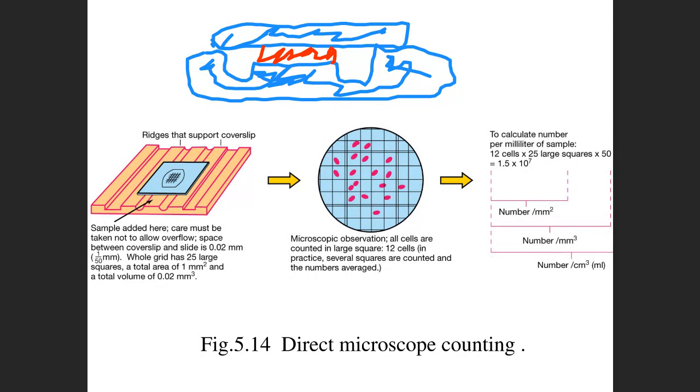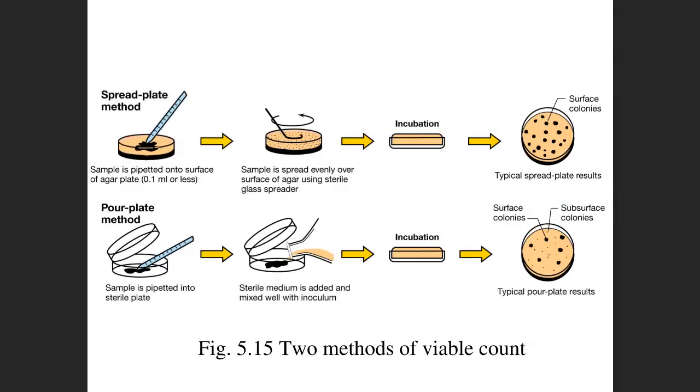You know immediately how many cells per mL. The downside is that if this is bacteria, then you may not be able to tell how many bacteria are alive or dead. Right? That's the downside or limitation of direct counting.